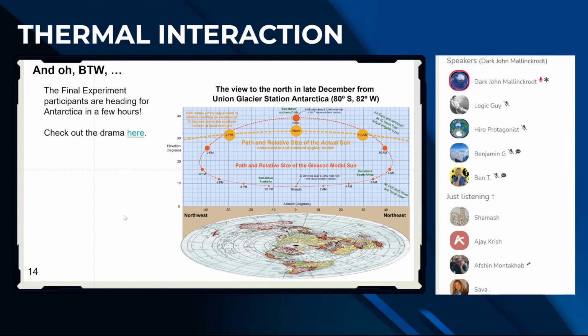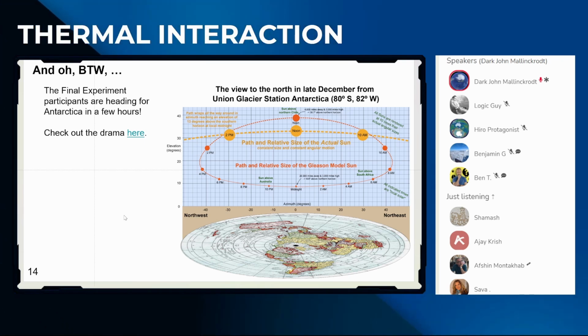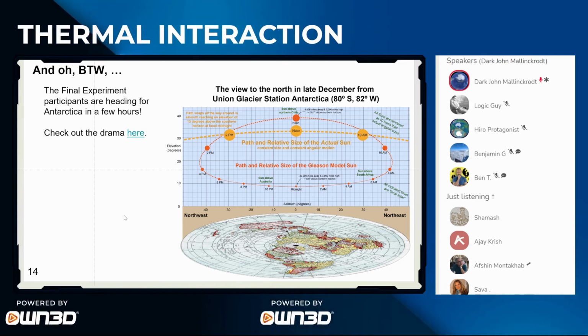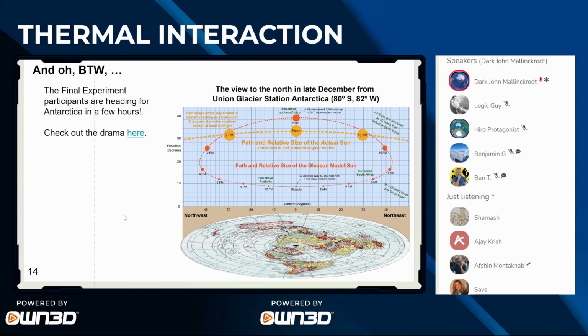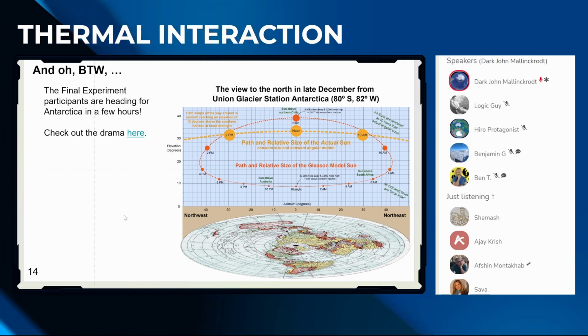When they get there, they're going to go to a place called Union Glacier, and then they're going to look at the sun. And I've drawn here a picture of what the sun should look like on the standard so-called Gleason map model, where this time of year the sun is circling 3 or 4,000 miles above the Tropic of Capricorn, which is a circle that they will be to the north of them.